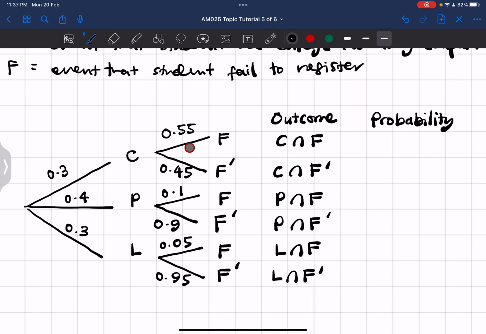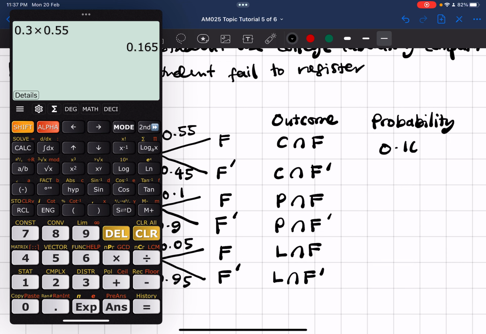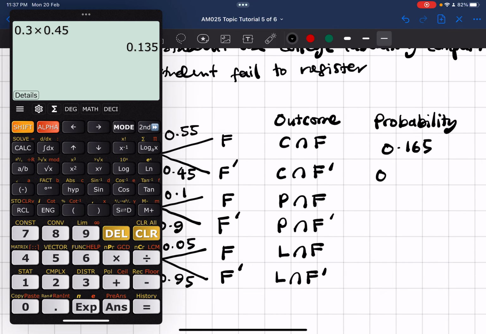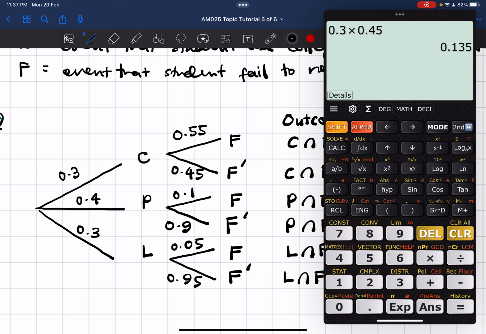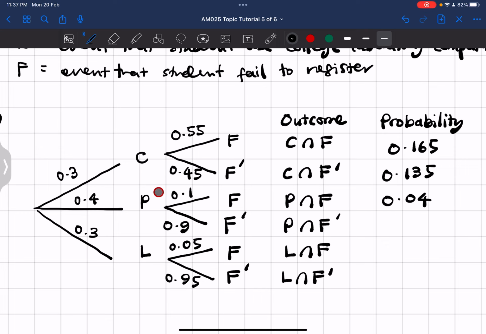So 0.3 times 0.55, we're going to get 0.165. 0.3 times 0.45 is 0.135. 0.4 times 0.1, we're going to get 0.04. 0.4 times 0.9, we're going to get 0.36. 0.3 times 0.05 is 0.015.